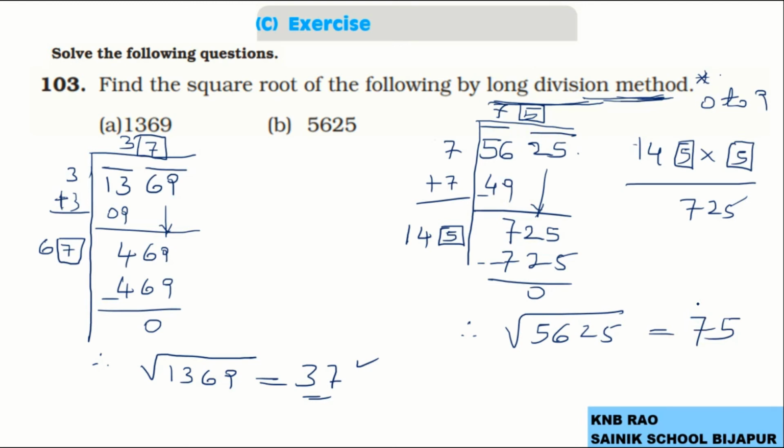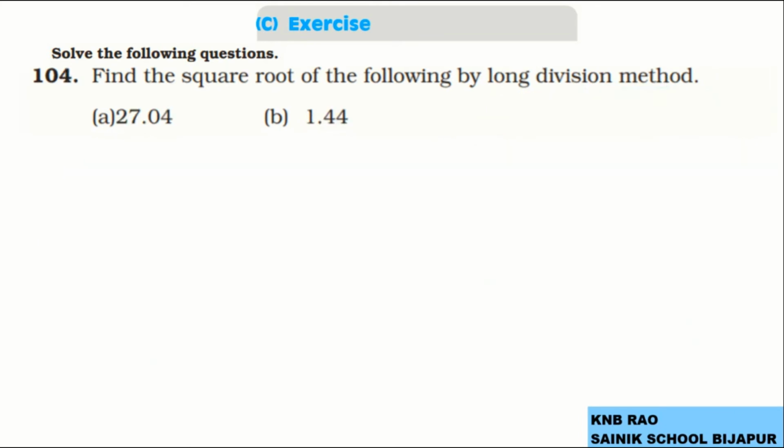Okay. Next, coming to question number 104. Here again, find the square root of the following decimal square numbers using the long division method. When we are doing the long division method for decimal numbers, we have to go from the decimal point towards the left in the integer portion and towards the right in the decimal portion.